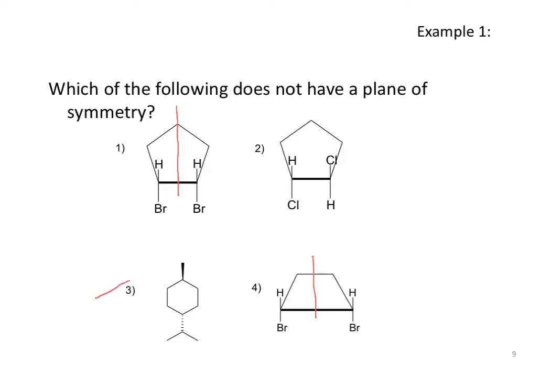Always try to draw out the chair the way it exists. So let's try to get a better chair. If you were to actually put down your methyl, so you have the 3 H's, right? You have your isopropyl group here, which has a hydrogen.